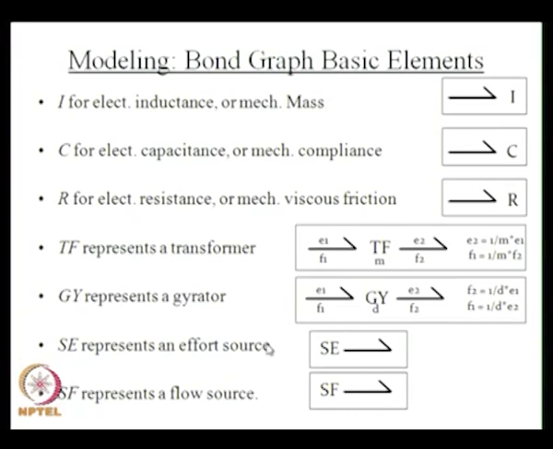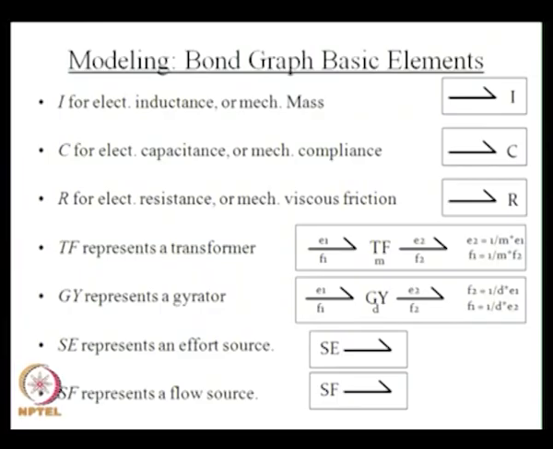And there are two other elements, source effort and source flow. Source effort is an effort source, that is, you provide an effort to the system as a source effort, and that is represented by an SE element. For example, a voltage source can be represented by a source effort.